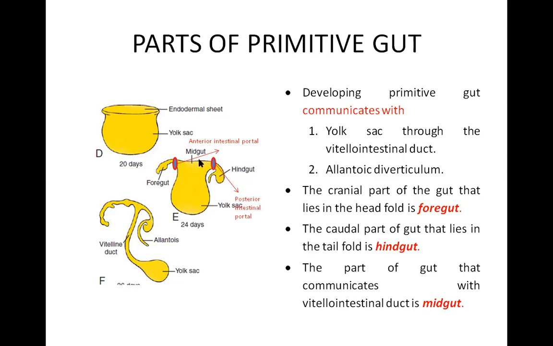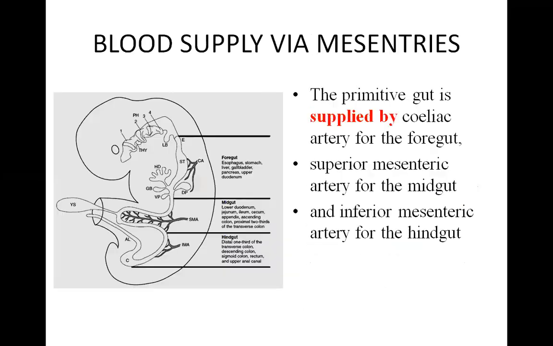So this part which lies opposite this vitellointestinal duct is the midgut, and the part which is in the tail fold is the hindgut. So it is bound by posterior intestinal portal and the proctodeum. Both the stomodeum and proctodeum are bilaminar structures with ectoderm and endoderm adhered together with each other at these two places.